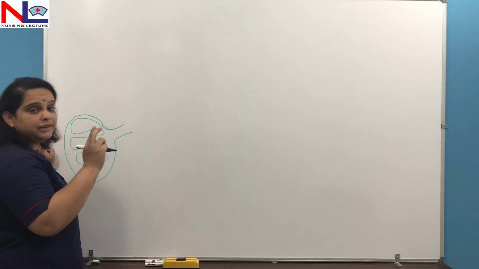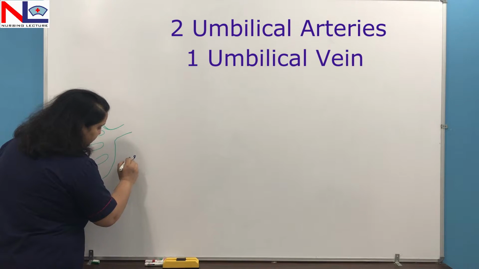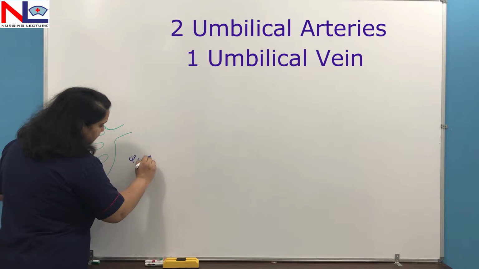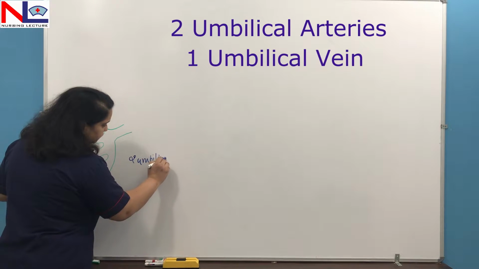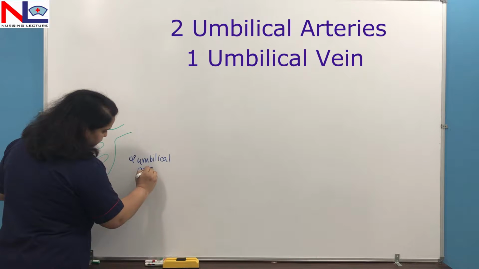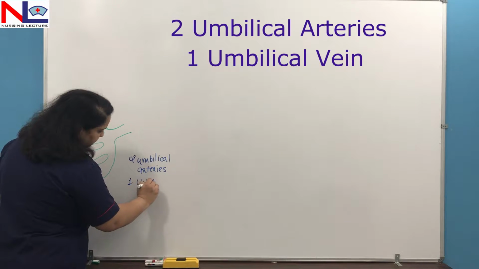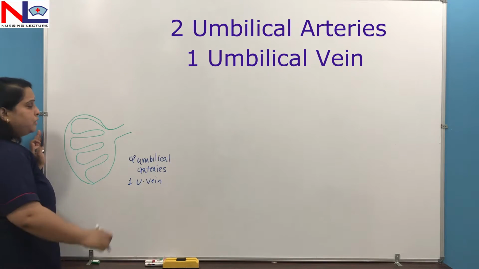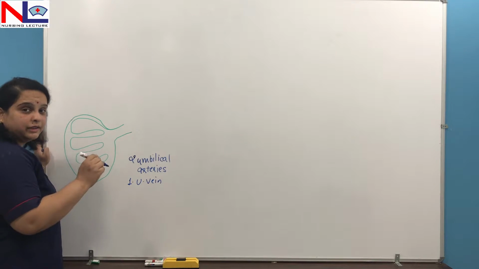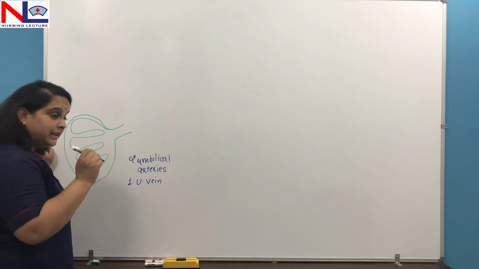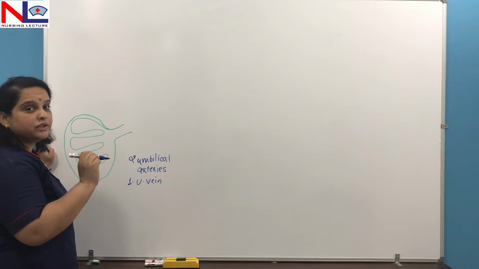What are the 3? The 2 umbilical arteries and 1 umbilical vein. The important thing is that the arteries here carry deoxygenated blood.